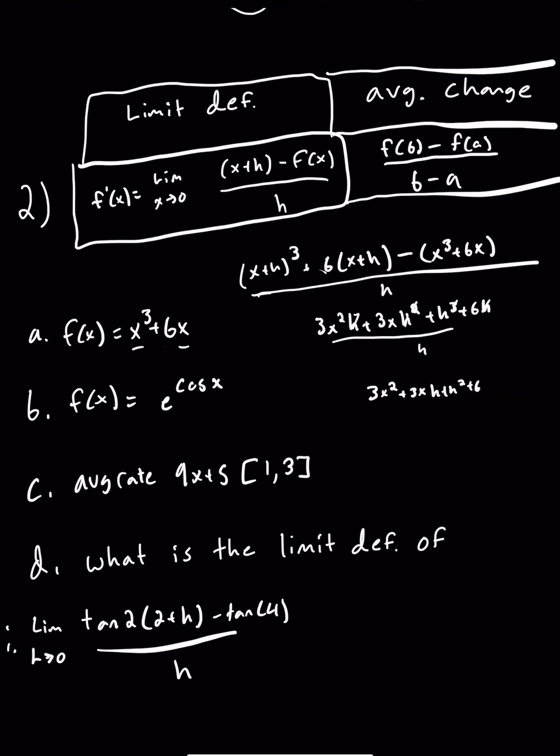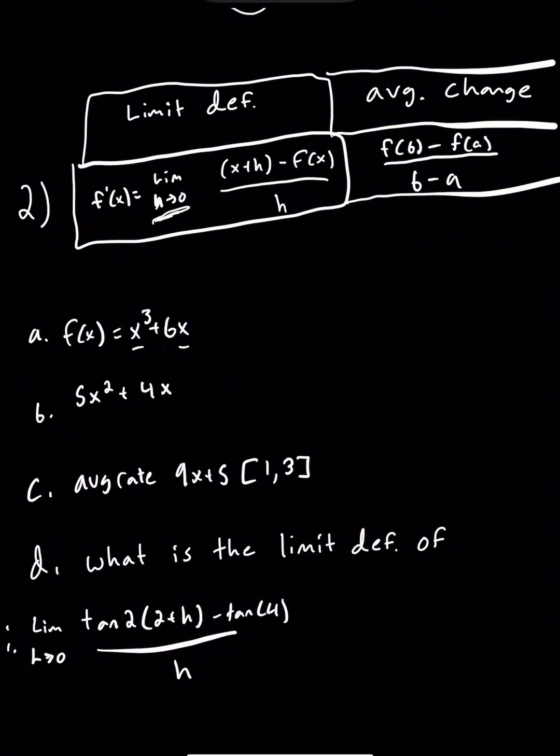Now the last part is the limit as h approaches 0. When h equals 0, this h is no longer a thing. It multiplies by 0, so you're left with 3x squared plus 6, which will be your derivative.